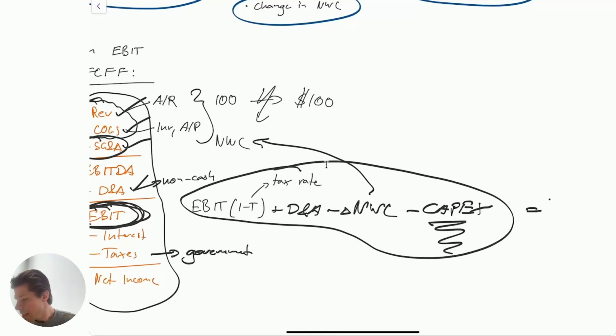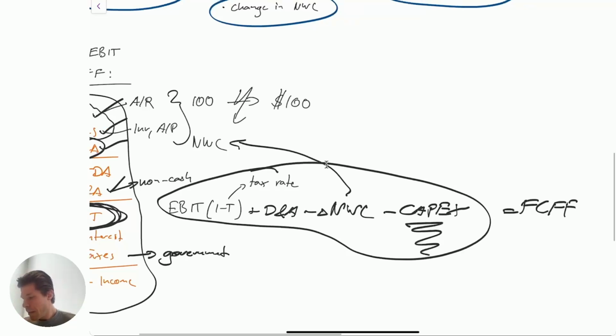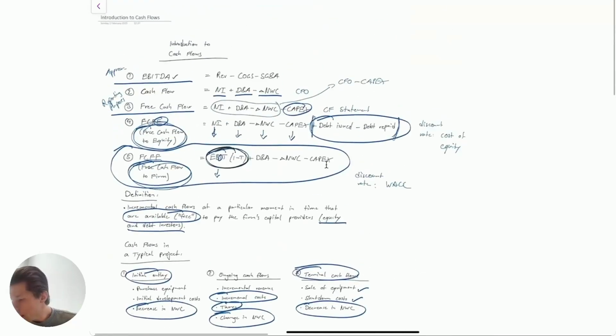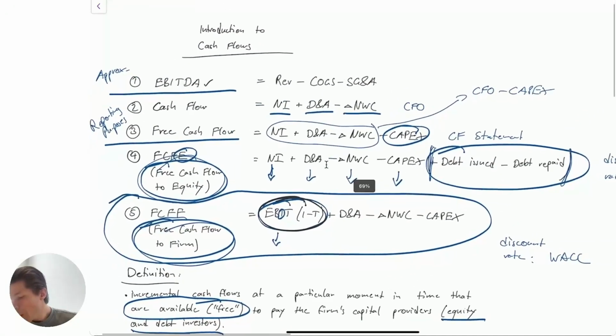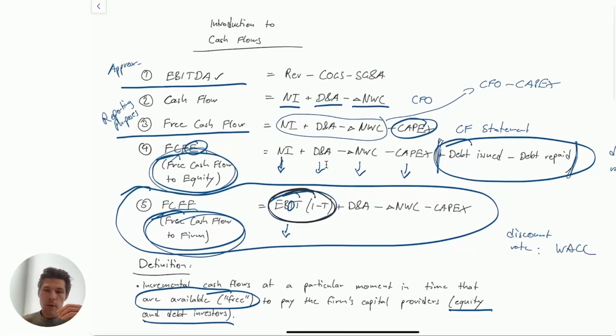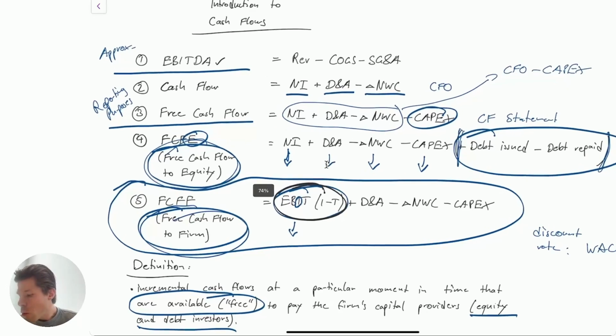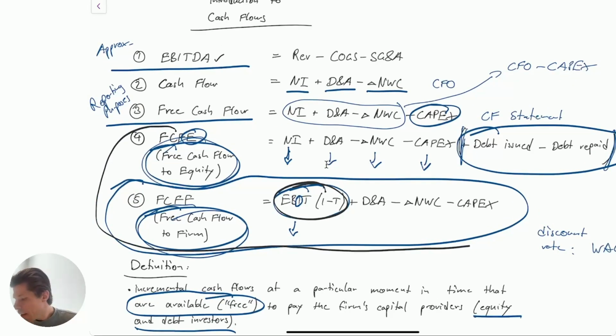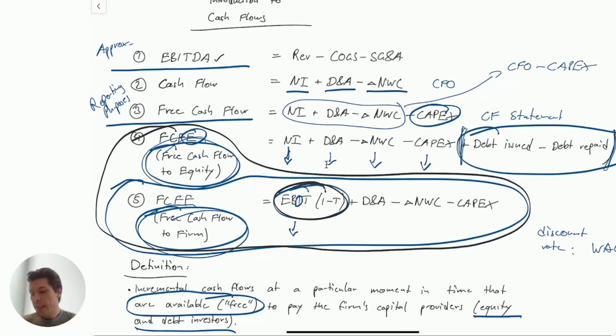And then what we basically get is free cash flow to both equity and debt holders. Again, it looks similar, but whenever we do valuation, we are constructing and calculating those numbers ourselves.